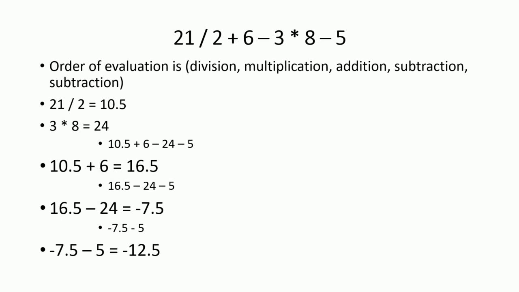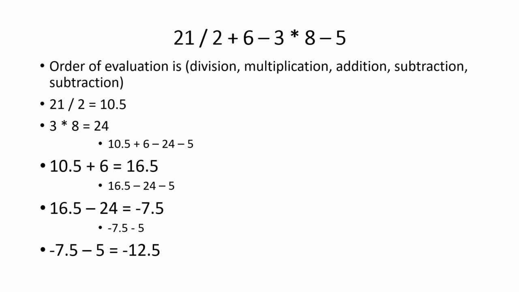We have an expression here, and it contains all the four basic arithmetic operators. Now division and multiplication, both of them have higher priority compared to addition and subtraction. Division and multiplication have the same priority.